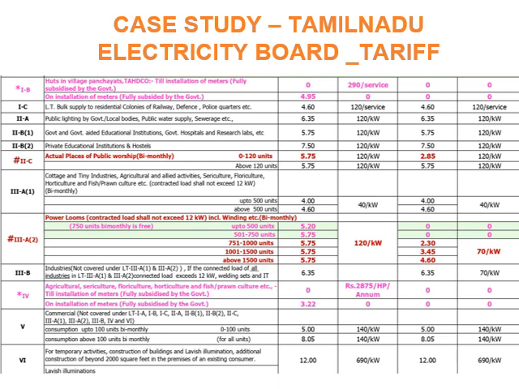You see, for temporary activities, construction of buildings and lavish illumination, additional construction beyond 2,000 square feet in the premises of an existing consumer, they have to pay 12 rupees per unit. So this is the tariff of Tamil Nadu Electricity Board.